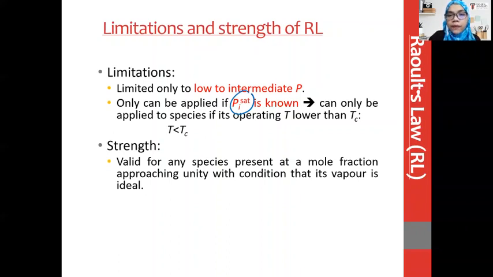So we need P1 saturation, which means the temperature should be given, because based on the Antoine equation, ln P saturation equals A minus B over C plus T. So basically we need to define the temperature. The strength is that it is valid for any species present at a mole fraction approaching unity, with the condition that the vapor is ideal, because we use the ideal assumption for both vapor and liquid.